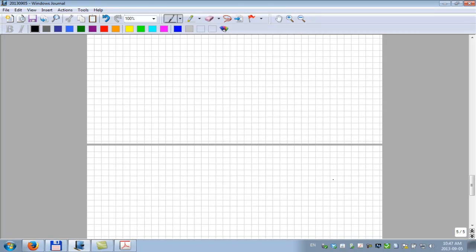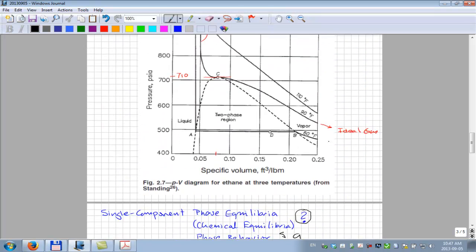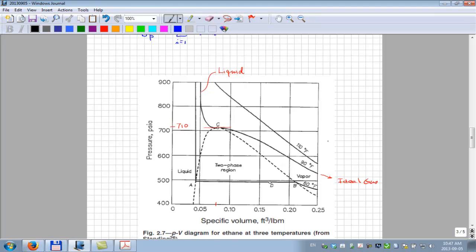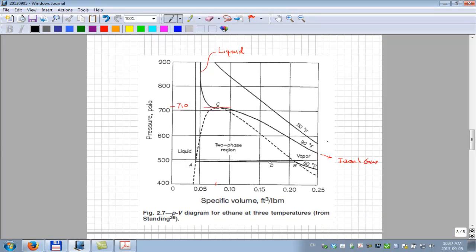Okay. So how does the equation of state come up with this? For example, in this picture, you can see that they've drawn this line from A to B to D. This is a saturated condition. So this would be for this particular component, ethane, at this temperature of 60 degrees Fahrenheit.